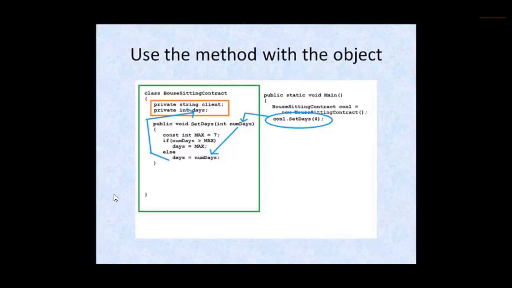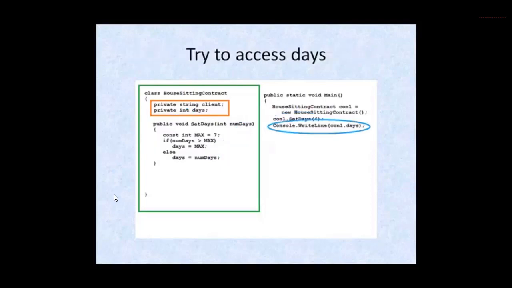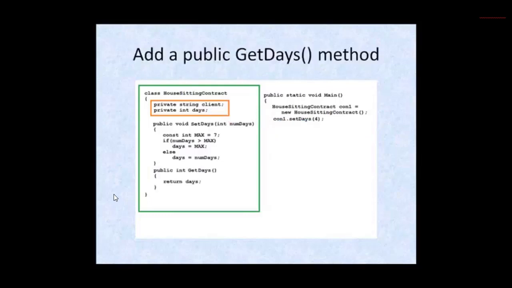Because the setDays method and the field are in the same class, the days can be set by using the public method. Similarly, in the main method, you might decide you want to output con1 days. But con1 days cannot get out. It's private. Instead, you have to write a public method, perhaps named getDays. It's public, so it's accessible by an outside class, and it returns the number of days.